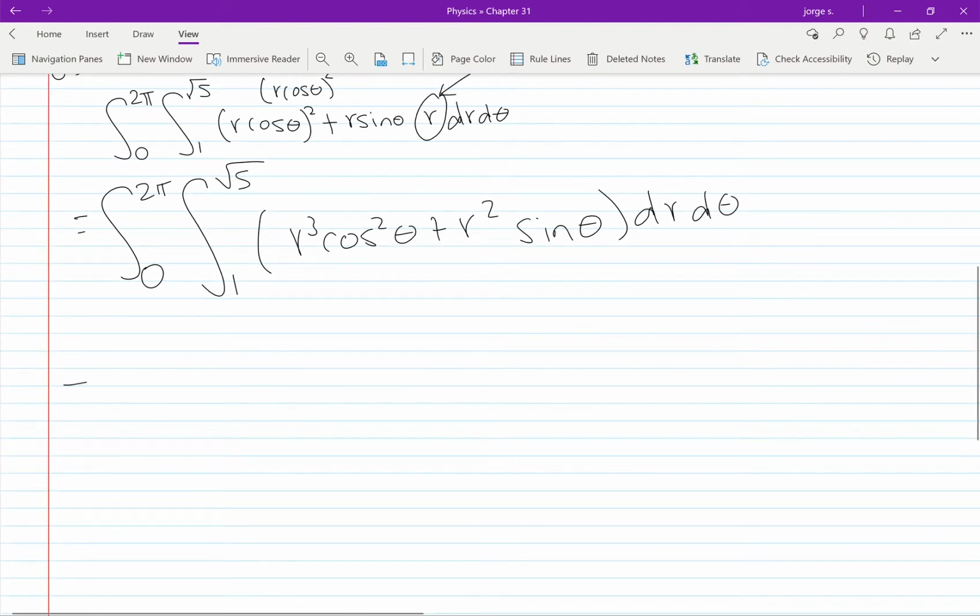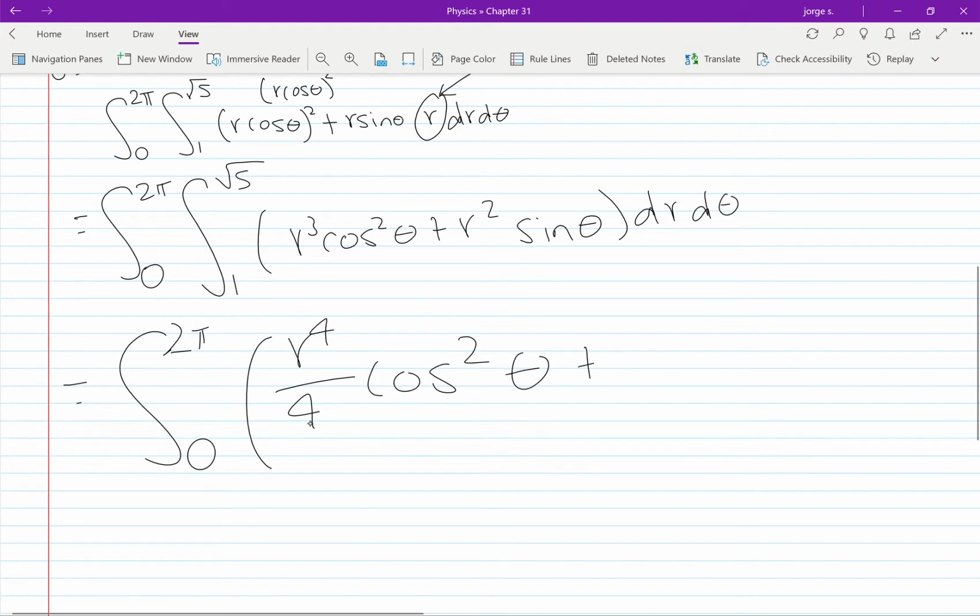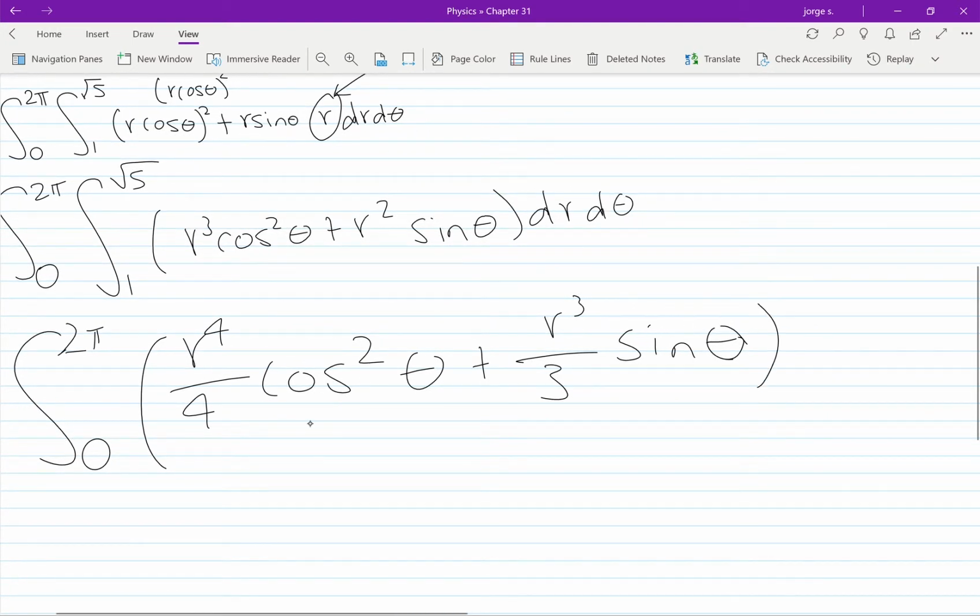So this is the first one. We have to integrate from 1 to rad 5.